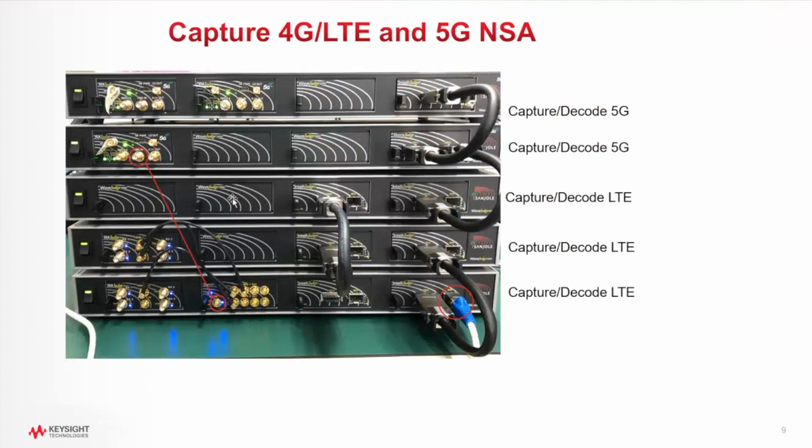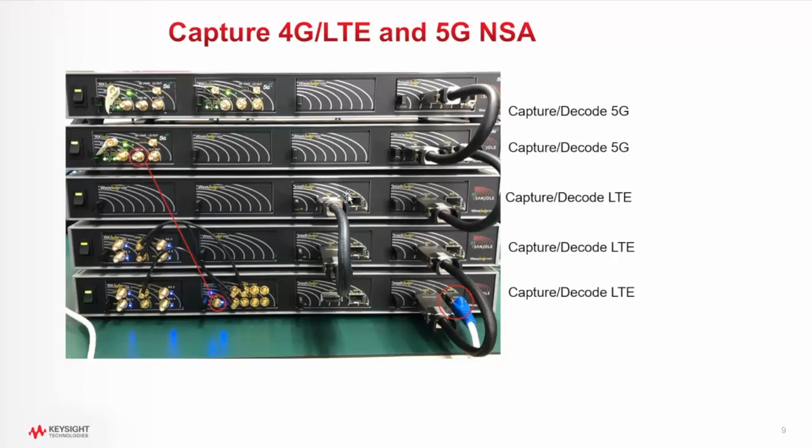So here what I'm showing you is that we have a few WaveJudge chassis here, which would be a capture for 4G as an example, and then a few of the chassis on the top may be a 5G collection. But when you combine them together, it will support 5G NSA. What that means is when the UE is joining the network, the UE will join the network on the 4G side, and the WaveJudge will capture all the information downlink and uplink for that UE joining the 4G network.